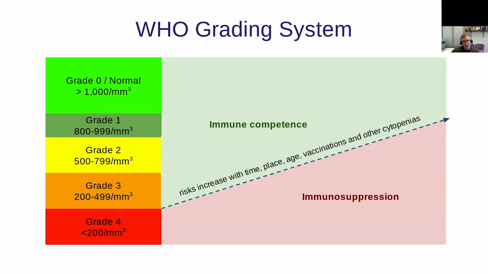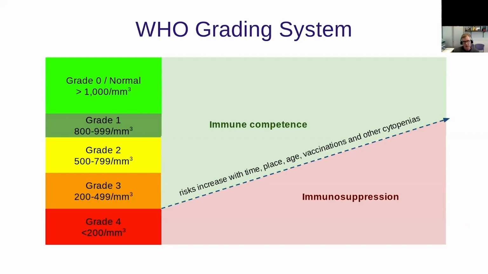Now, the problem with lymphopenia counts is that things change with time. If you are immunosuppressed and have a lower lymphocyte count, the risks associated with the lymphopenia will accumulate with time.